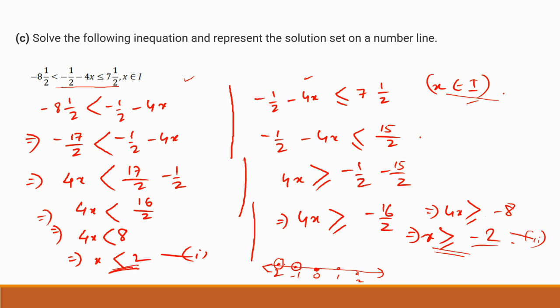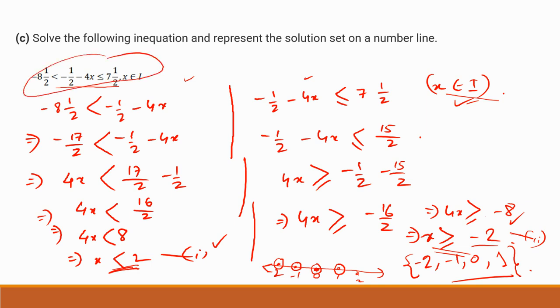So from these three things, 1, 2 and x belongs to integer, you get minus 2, minus 1, 0 and 1. So your answer is this. You show this in the solution set, and also you write this as the answer explicitly. Just say minus 2, minus 1, 0, 1. This is the set which follows this inequality.